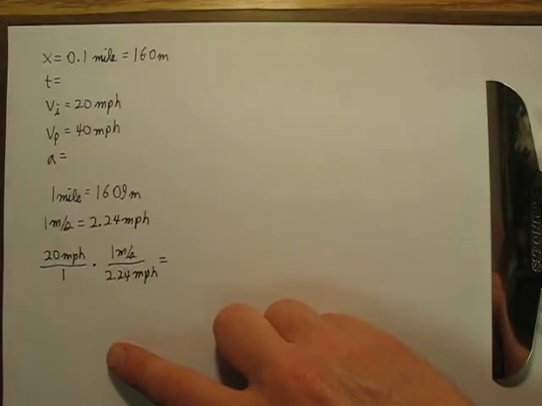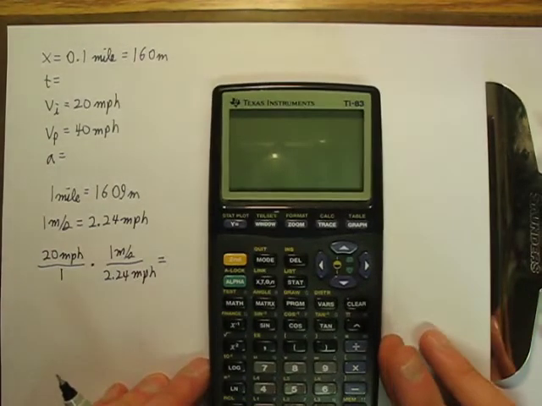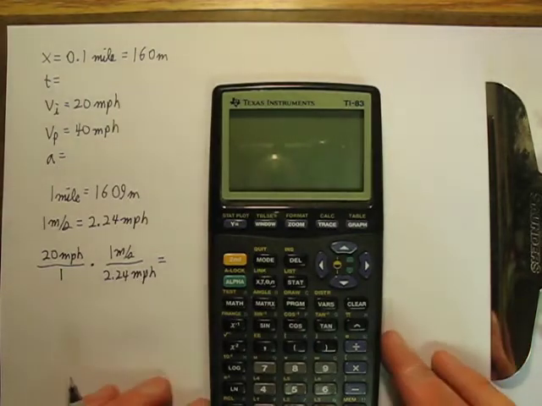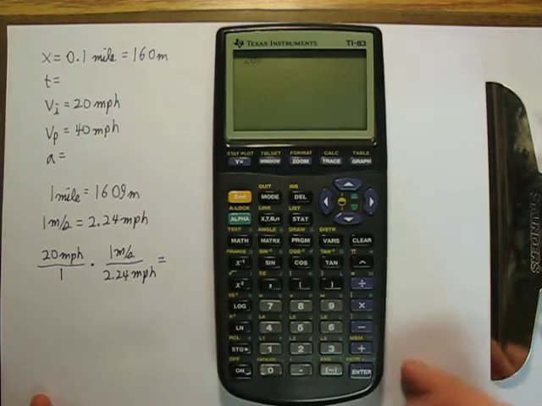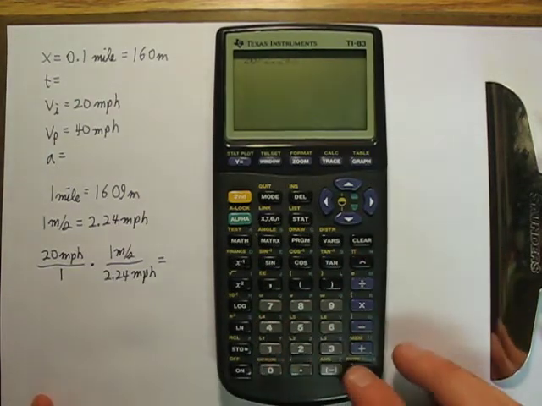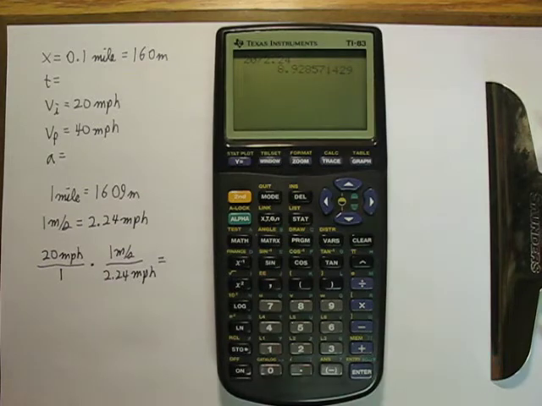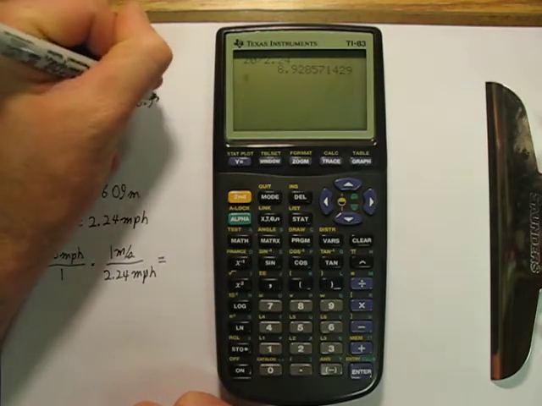My initial speed is 20 divided by 2.24, so 8.9 meters per second.